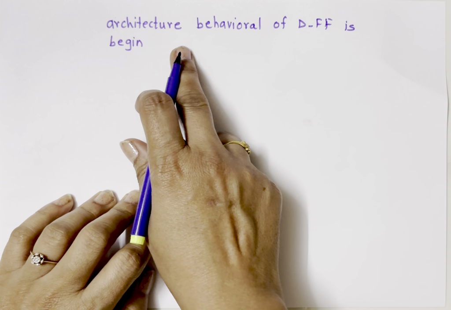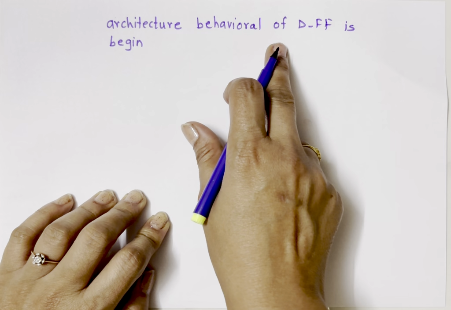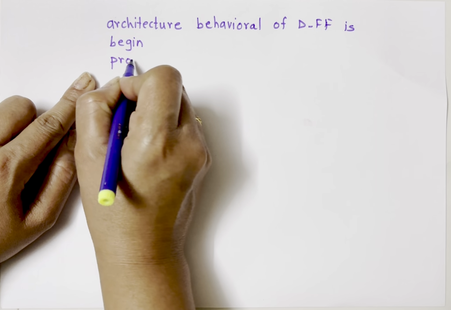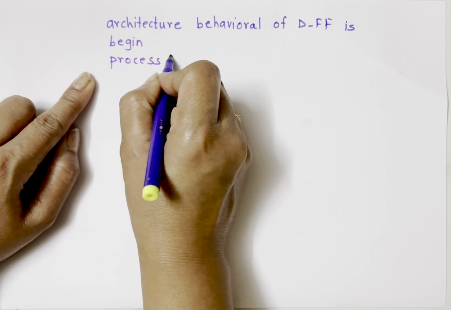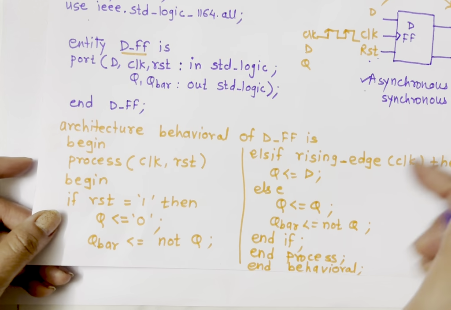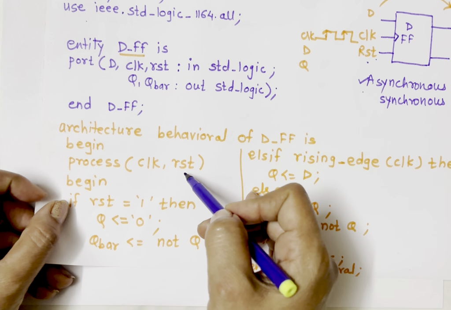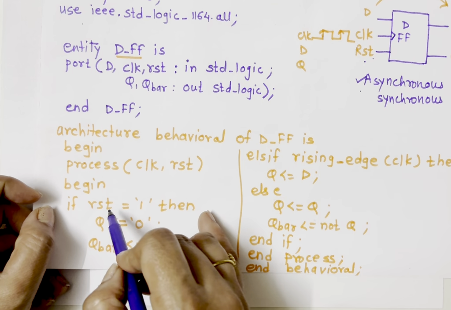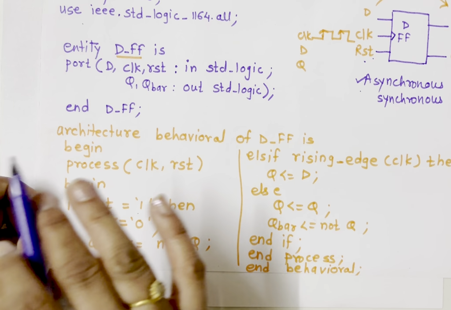So architecture behavioral of D flip-flop is begin, next is process and sensitivity list. Now previously, clock and reset were written because the process was sensitive to both the inputs. As soon as reset becomes 1, output becomes 0.